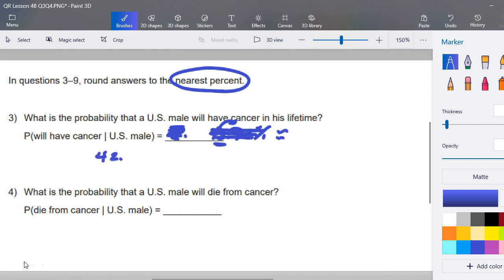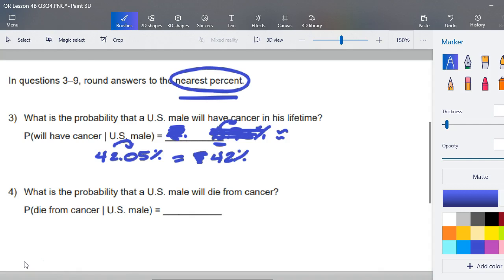In the article, 42 and 5/100% is the risk for United States men developing cancer at all invasive sites. But the directions ask for the nearest percent, and so when I look at the tenths place, that's going to get me at 42%. Wow, that took a while.